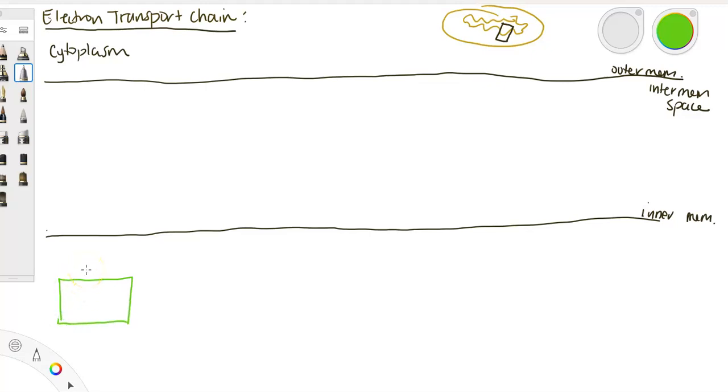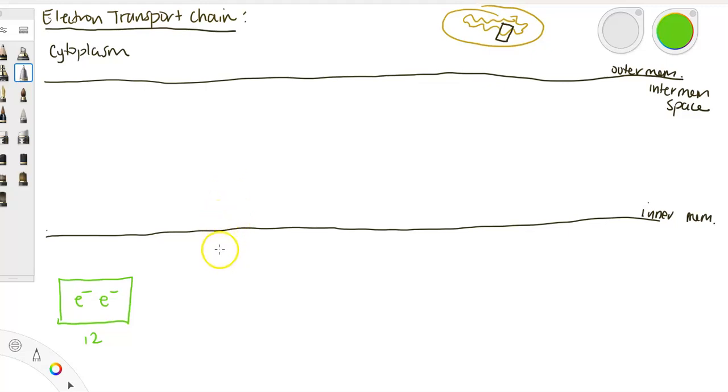We have 8 NADH and 2 FADH from the citric acid cycle. So that's 10. Or that's basically the citric acid cycle and the transition reaction with it. And then we have 2 left over from glycolysis. So we have 12 high energy electrons that we can use.